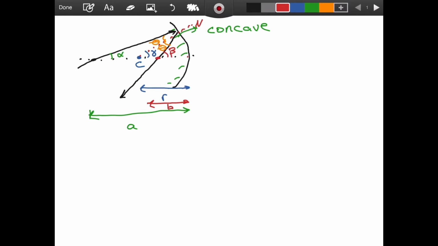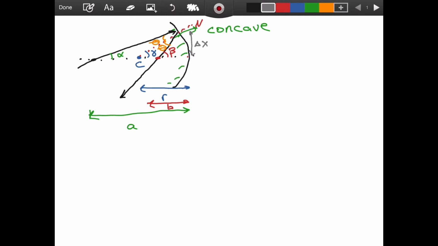And also I will define a length, a distance. I want to call this height delta x. It is the height from the point where the light beam touches our mirror to the principal axis. So this length is named delta x from now on.